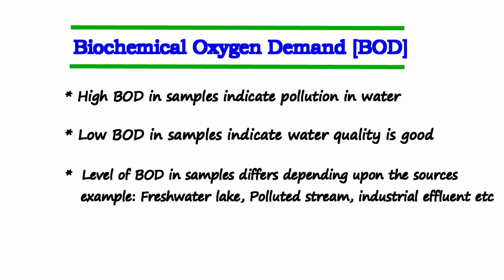However, the level of BOD in samples differs depending upon the source from where they have been collected. For example, a freshwater lake BOD level will be different from that of the polluted streams or from that of an industrial effluent.